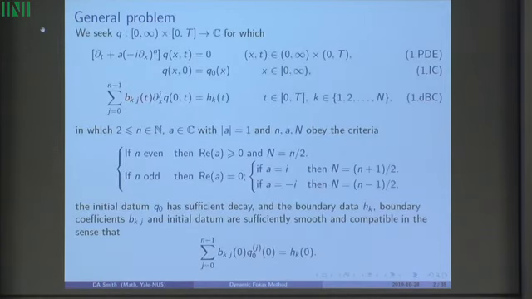So this is the problem that we're going to look at. It's a problem on the half line. We're looking at a problem of arbitrary spatial order, although, just to simplify notation a bit, I'll assume that there's only one spatial term in the PDE. It's a linear problem. We have an initial condition, of course, and then we have some boundary conditions.